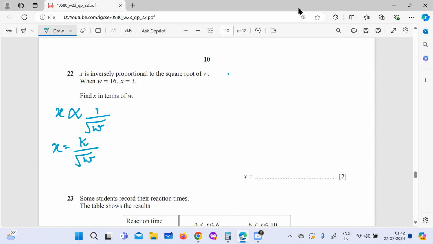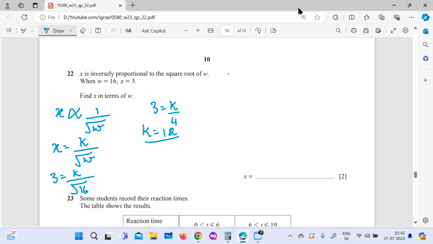Now let's substitute the values. Here x is given as 3, so 3 equals k, and w is given as 16. So we can write this as 3 equals k over square root of 16, which is 4. On cross multiplication you get k equals 12.